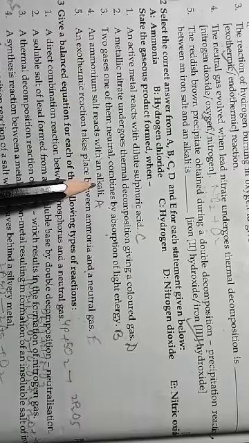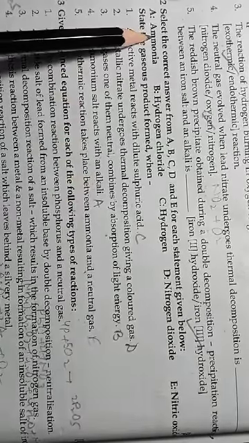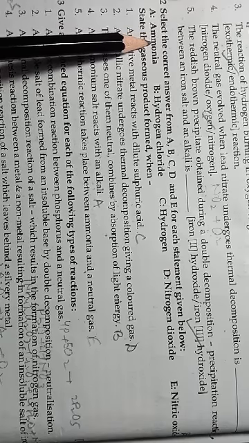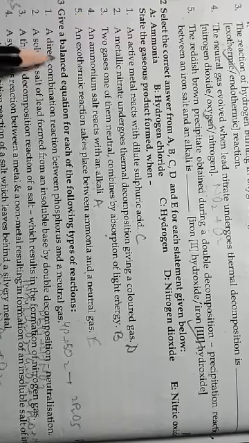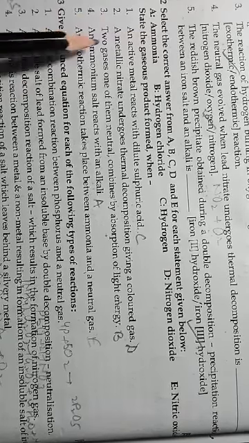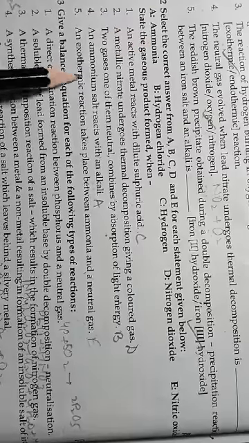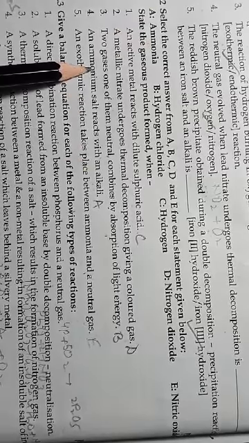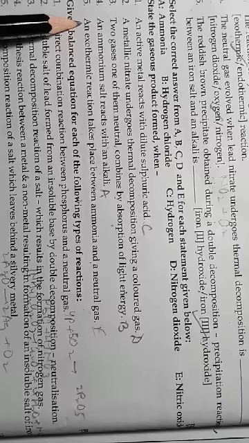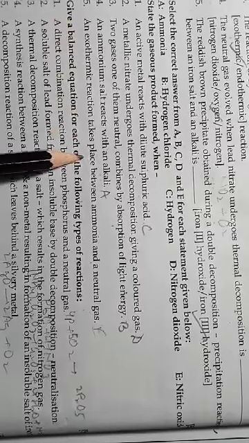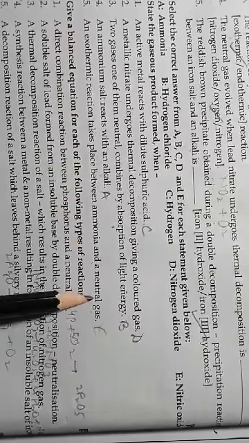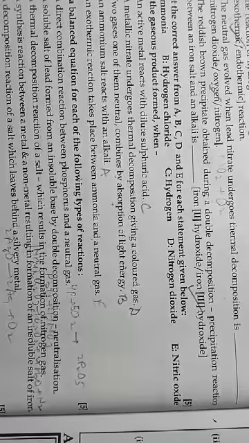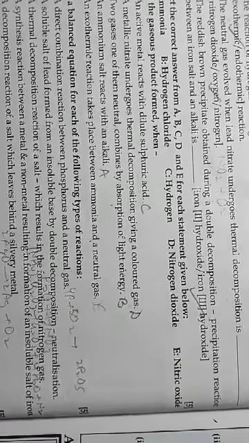So the answer will be A, ammonia. Ammonia will be obtained when an alkali reacts with an ammonium salt. Okay students. Then fifth, an exothermic reaction takes place between ammonia and a neutral gas. Your answer will be E, nitric oxide, NO.